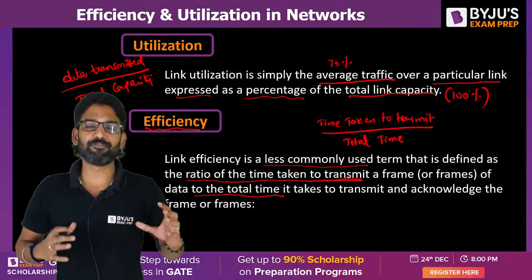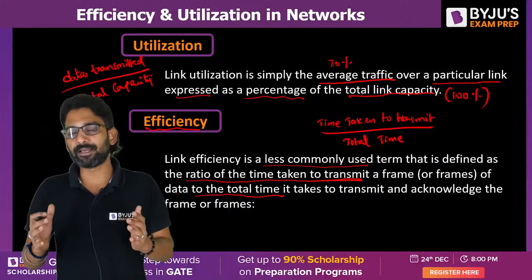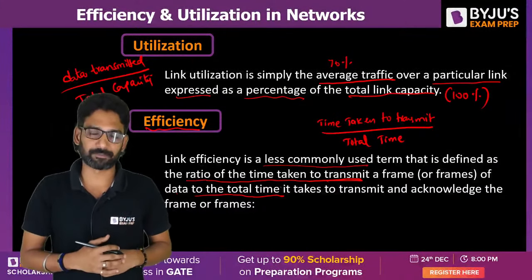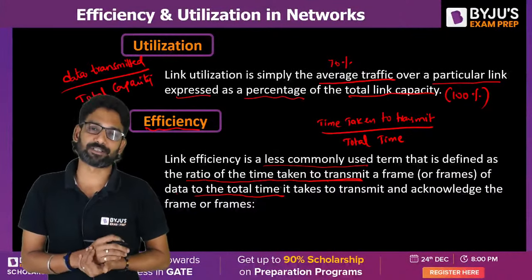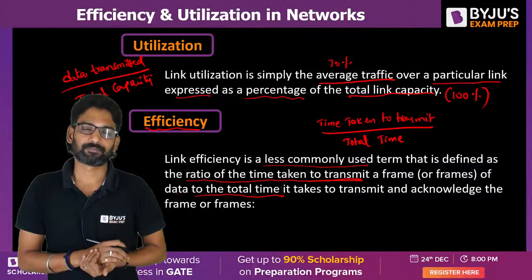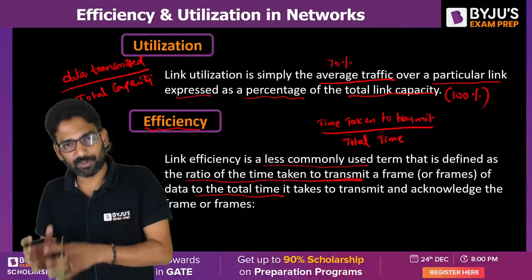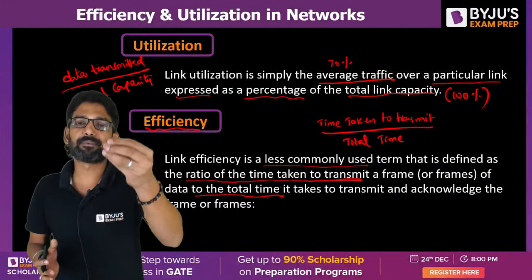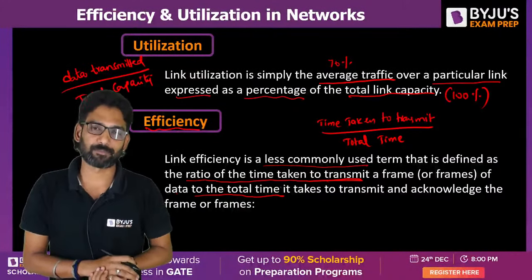For example, if you take our GATE exam, GATE exam is for 100 marks. Let's say you have attempted 70 questions, 70 marks. 65 questions total, you have attempted, let us say, 50 questions.